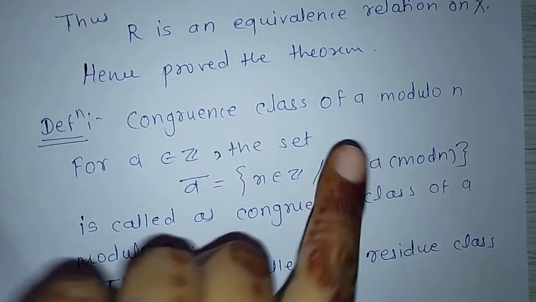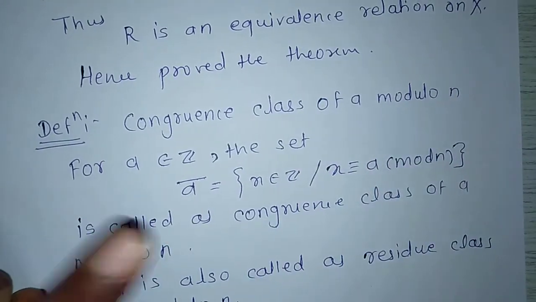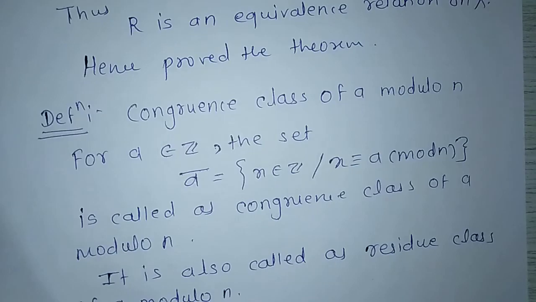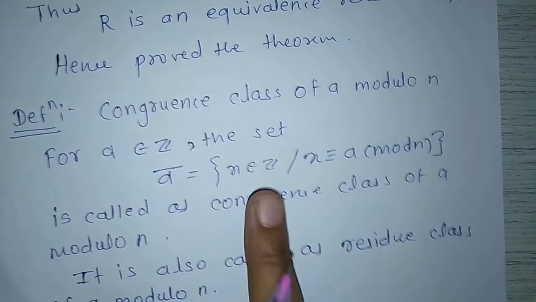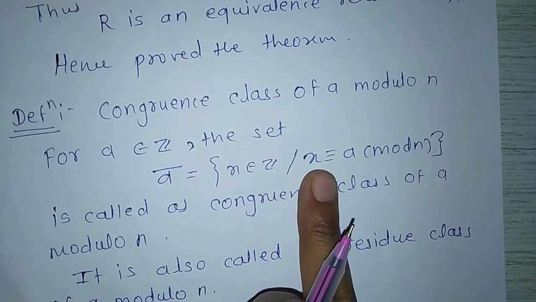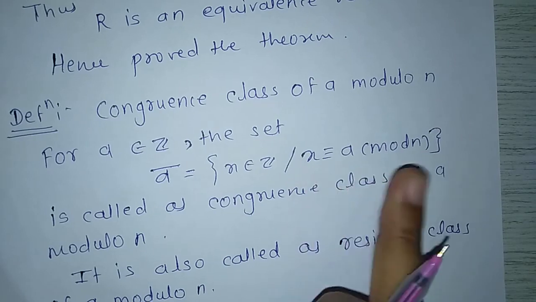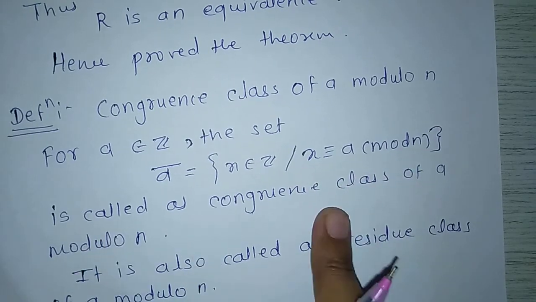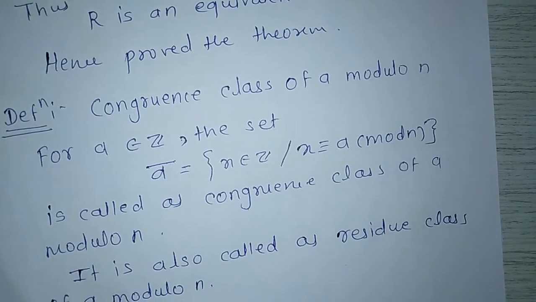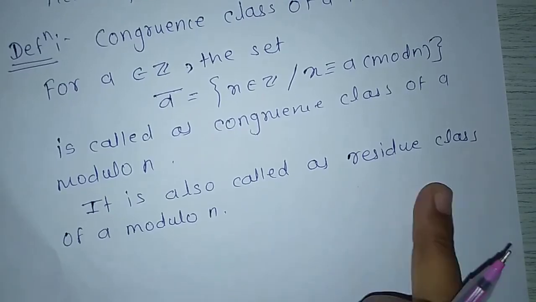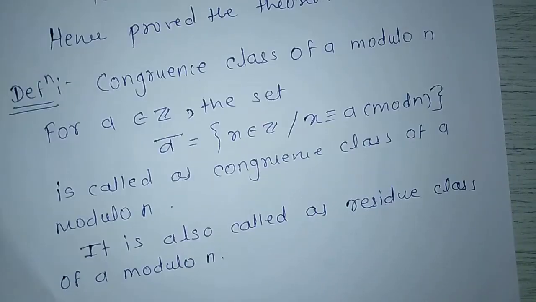Definition of congruence class of a modulo n. For a belongs to Z, this set a bar equal to set of x belongs to Z such that x is congruent to a modulo n is called as congruence class of a modulo n, and it is also called as residue class of a modulo n.